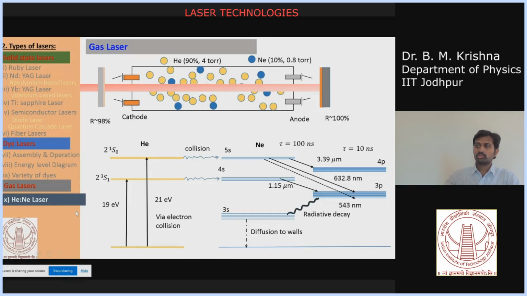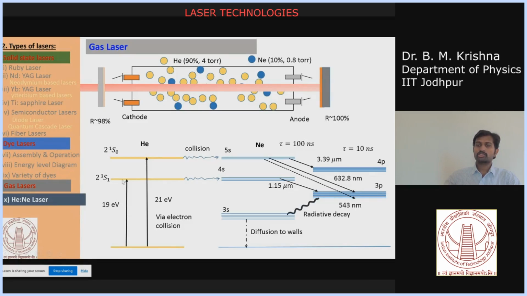So there will be no interaction with the helium atoms, and the electron moves on without interacting. As it moves on, it acquires more energy. When it reaches 19 electron volts or more, you have a transition to excited states.